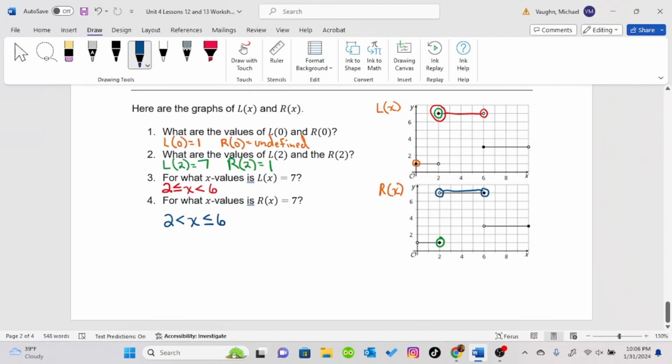Notice 3 and 4 look very similar. The difference is for number 3, 2 is less than or equal to x because there's a solid point at 2. And on 4, x is less than or equal to 6 because the solid point is down at 6.